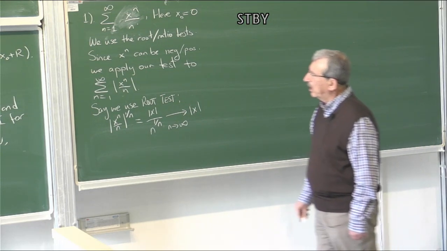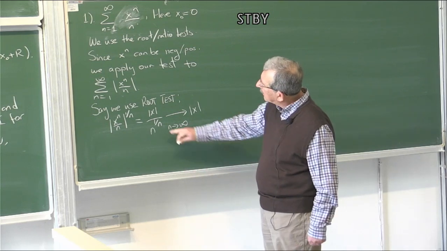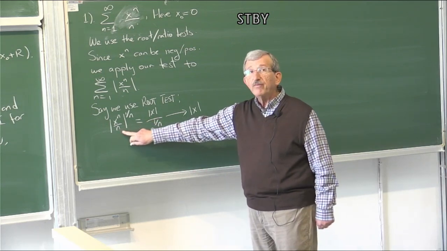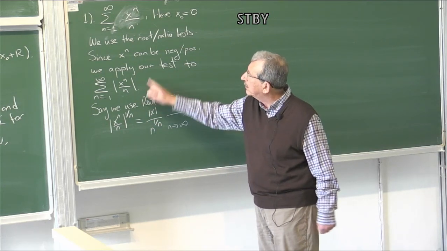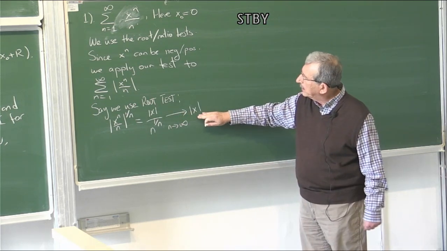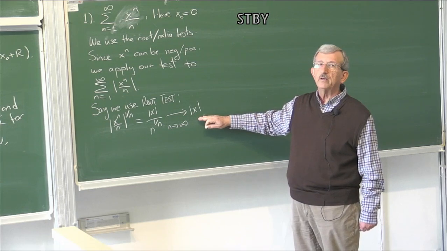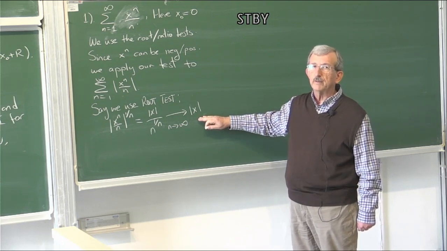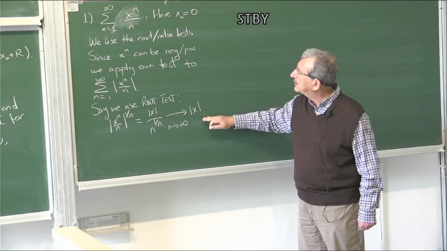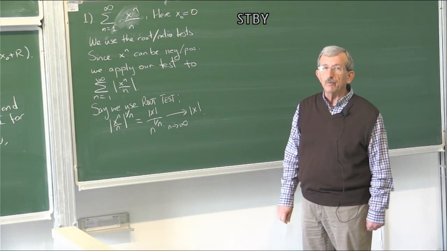Now, the root test tells us that if the limit of the nth root of the general term here is strictly less than 1, the series will be convergent. If it's strictly bigger than 1, the series will be divergent.